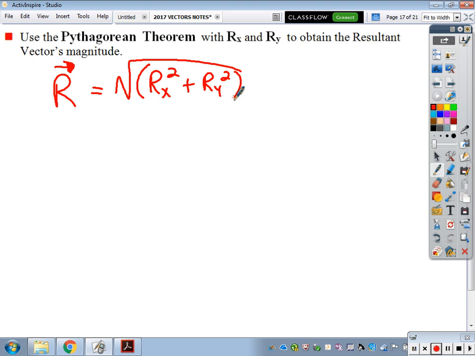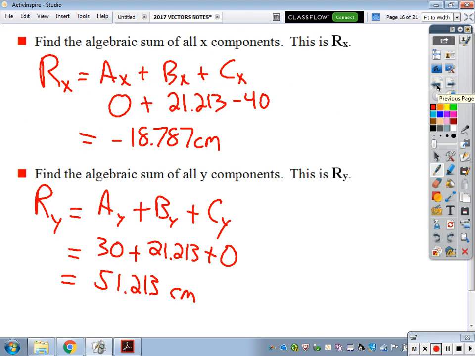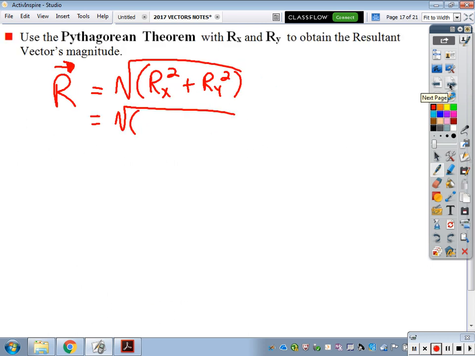Notice how I have placed some parentheses in here, and I want you to use them. Equals square root, open parenthesis, Rx squared, negative 18.787. So what do you think you're going to plug in for Rx? Just 18.787 squared.